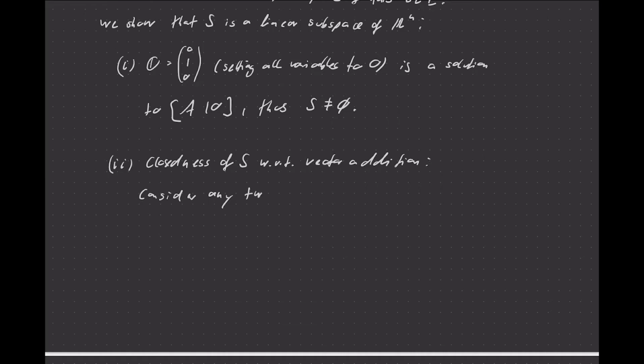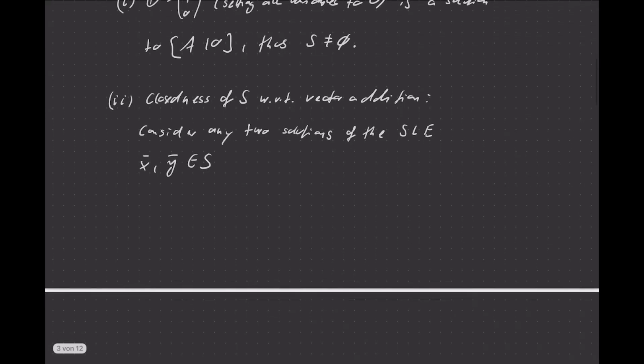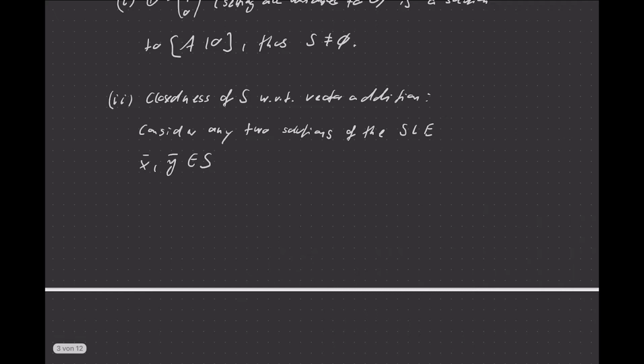Consider any two solutions of the system of linear equations. We call those x bar and y bar. Those are elements in S. And define, let's say, z bar is the sum of x bar and y bar.